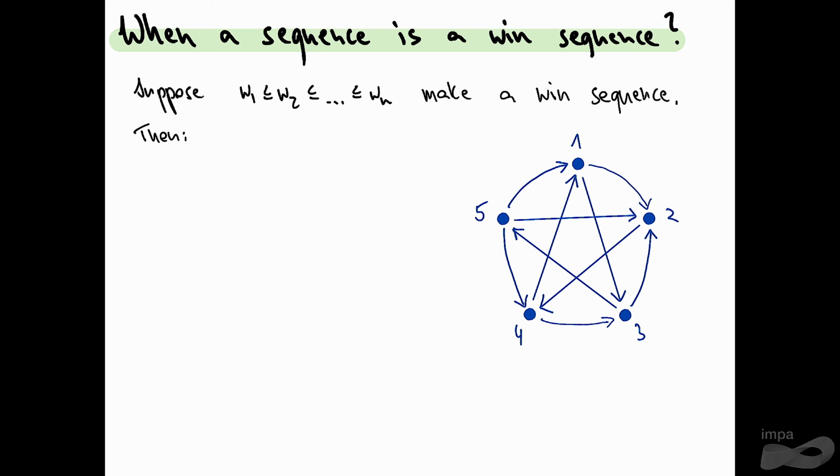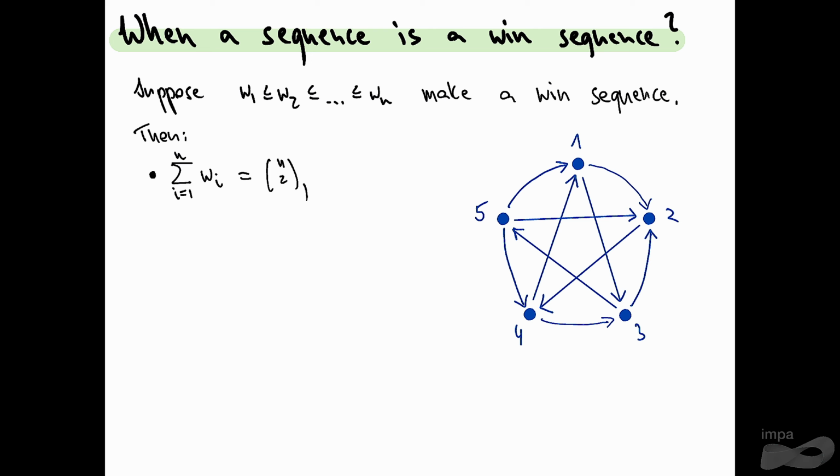Suppose I have a win sequence. What can I tell about it? First thing is, I have n choose 2 games, so the sum of all wins is n choose 2. This is some easy observation. But there is something a little bit more subtle.